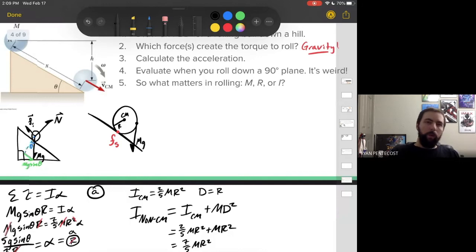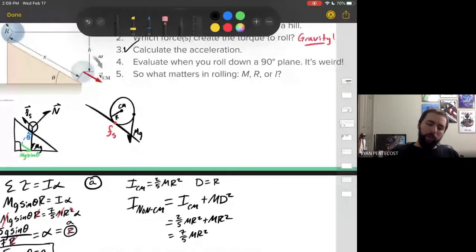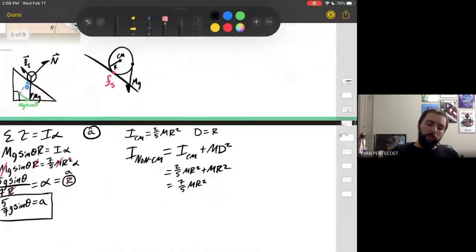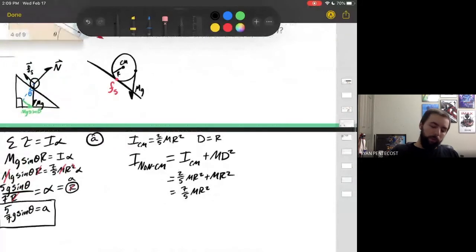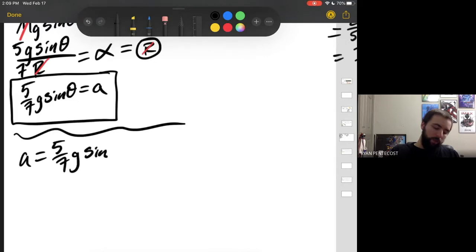Okay, now evaluate when you roll down a 90-degree incline. It's a 90-degree plane. It's weird. So if we look at that, we've got our acceleration is 5/7 g sine theta, but here theta is 90 degrees. That means that sine theta would be 1, right?